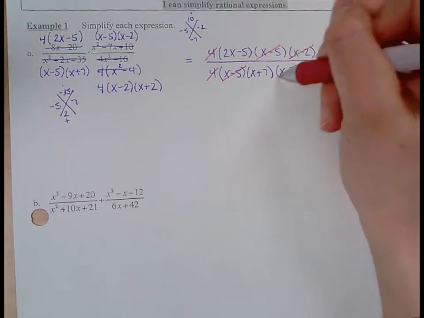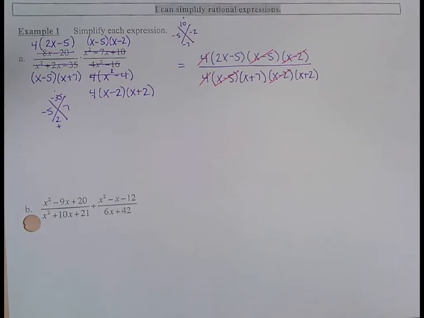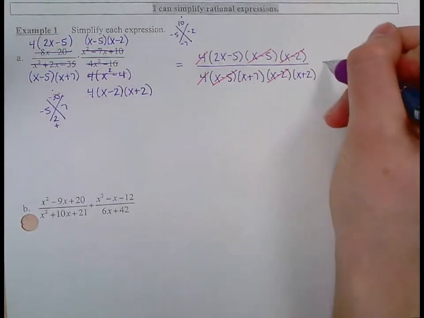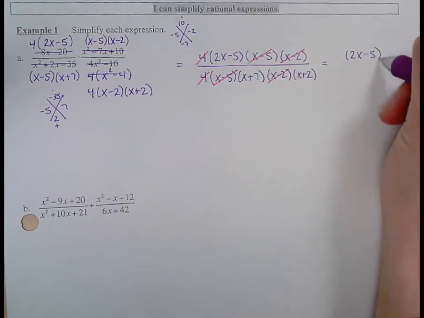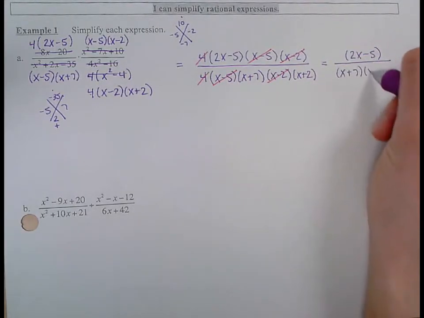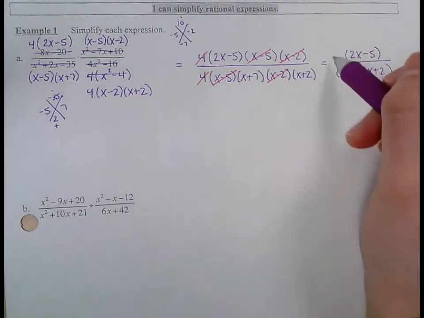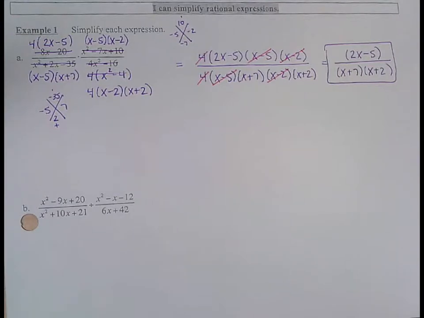And we have an x minus 2 on the top and the bottom. That's all they have in common. So fully simplified, the top would just be 2x minus 5. And the bottom would be x plus 7 times x plus 2. And you can leave your answer in factored form.